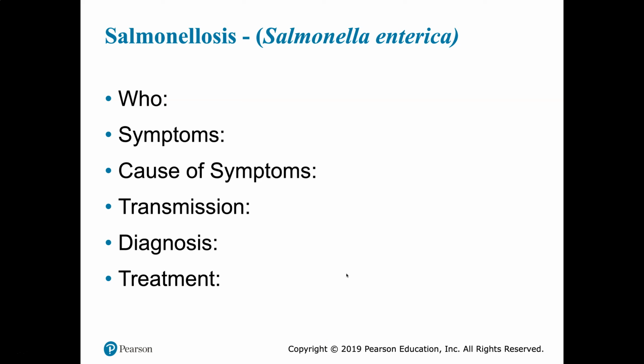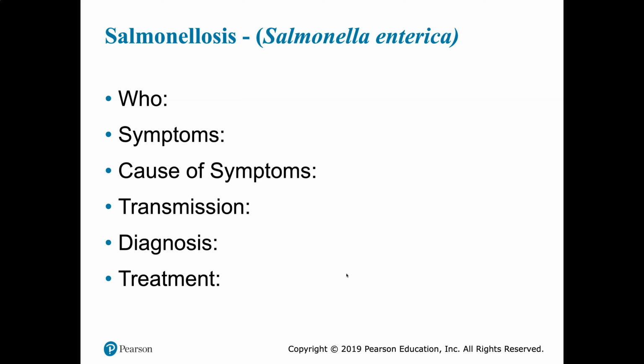Who can be affected? Young kids, typically through contaminated meat and eggs, and the fact that they have poor hand washing skills. I mean, it comes down to washing your damn hands, right?